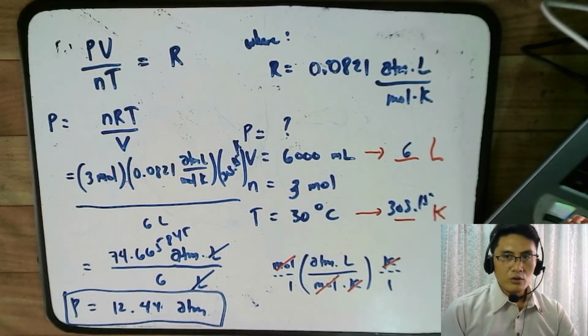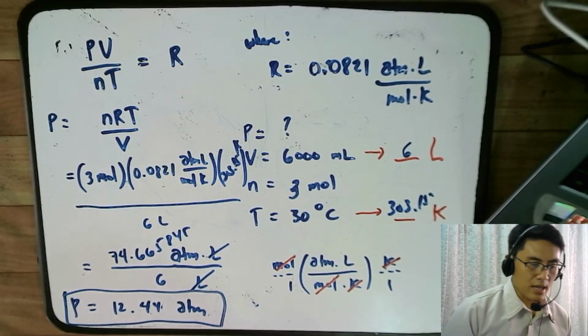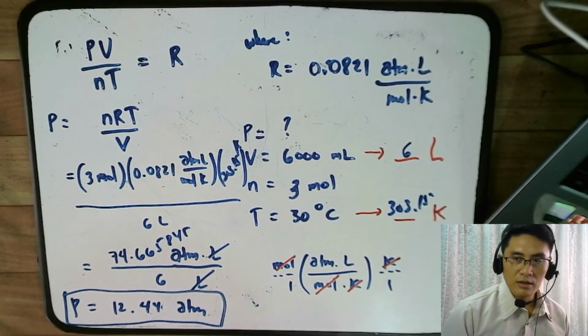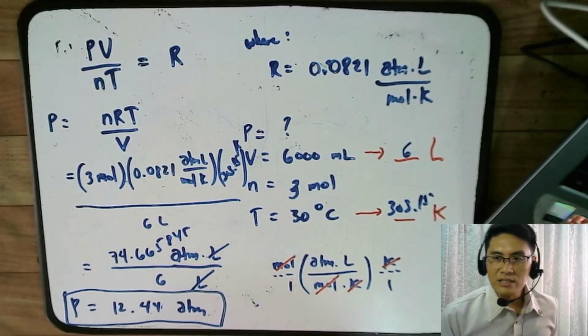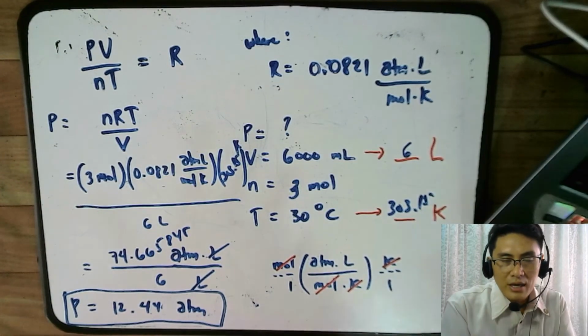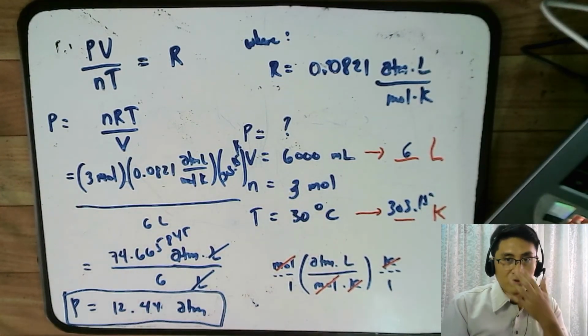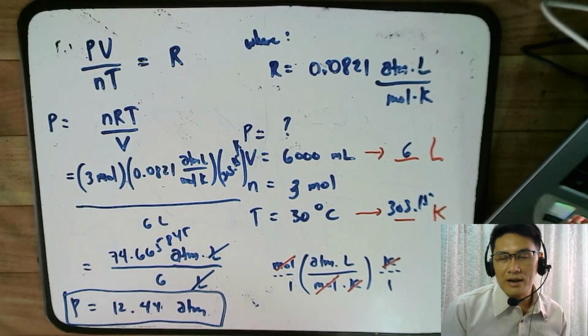So take note that you will only get a perfect score in your worksheet if you show me every step in the calculation. So again, this is not about you being able to give me the correct answer. This is about you being able to communicate to me how you did it. If you can't communicate it to me, it might as well be that you were not able to get the correct answer.